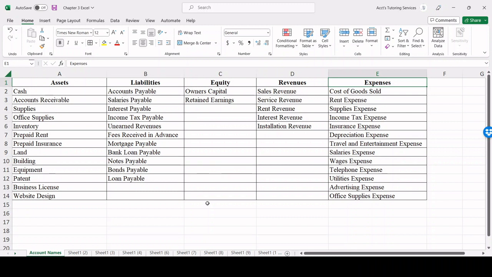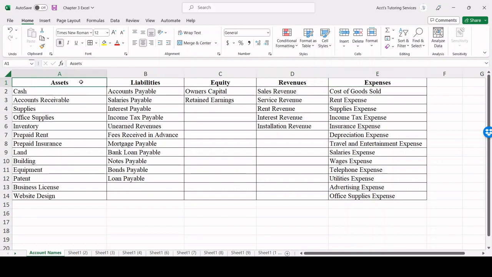I want you to understand them logically. It'll make your life 10 times easier when you're doing these transactions and trying to figure out which accounts to go under. Because if you think about it logically, it's much easier. So let's have a quick discussion about the different accounts, and I'll explain to you why they fit within that element.